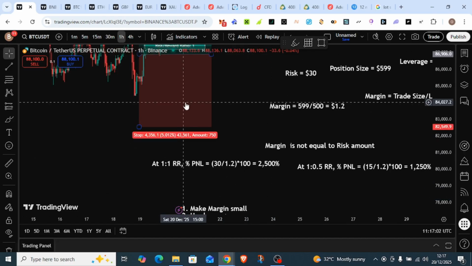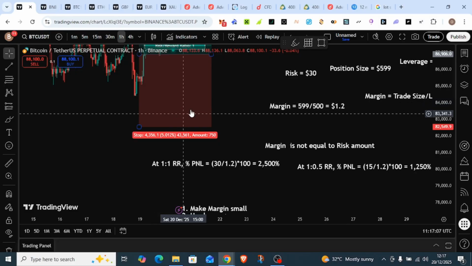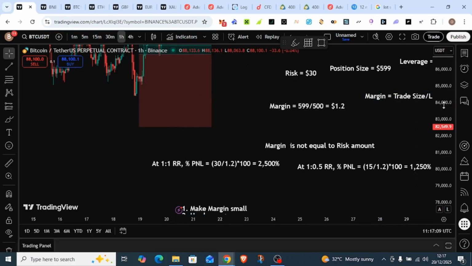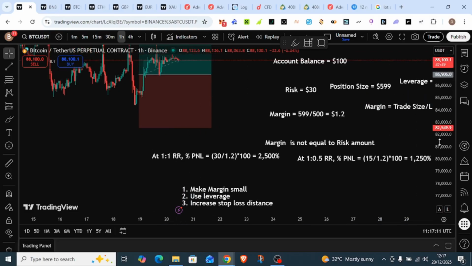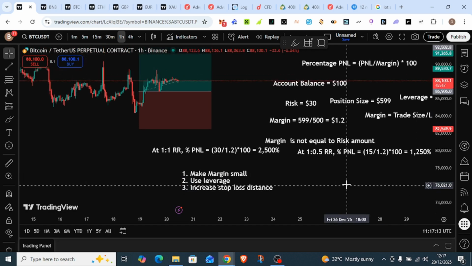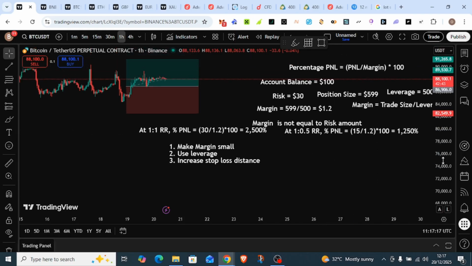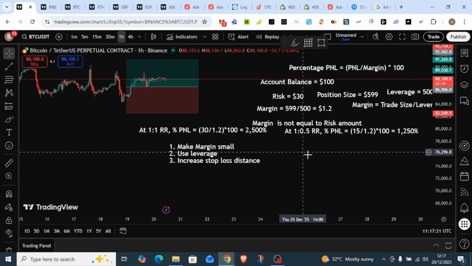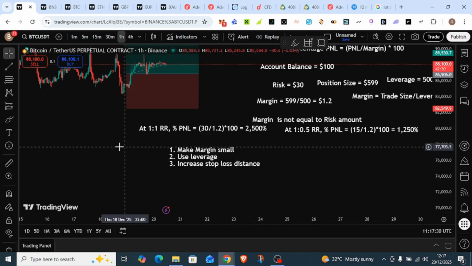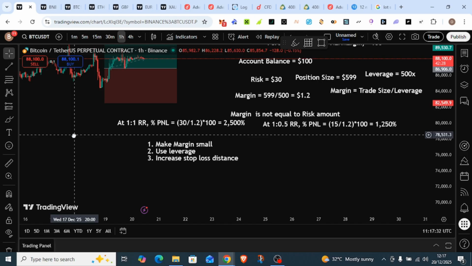As you can see in this example we did here, our stop loss distance is 5.012%. So this will help to decrease the position size. The higher your stop loss distance, the lower your position size. So that's how it is.